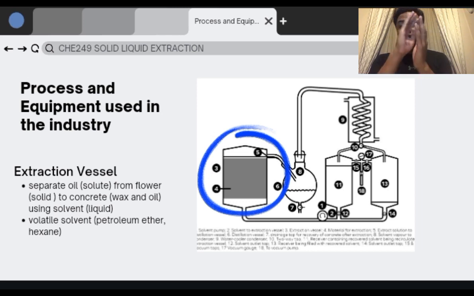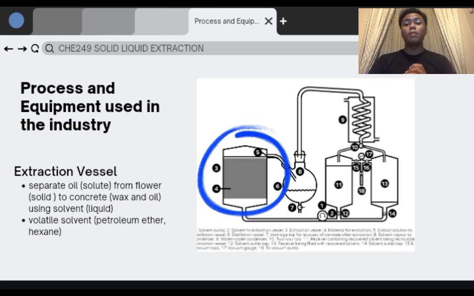So we can see the highlighted tank there, which is the extraction vessel. The bottom column is the inlet of the solvent, and there is no feed, but we just take it as the plant material placed in the shaded region at number 4 there.